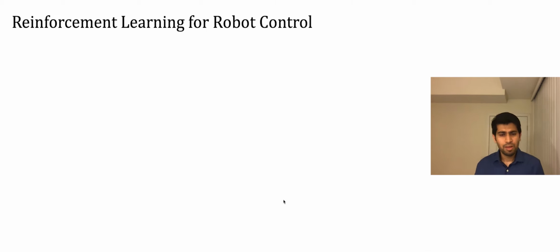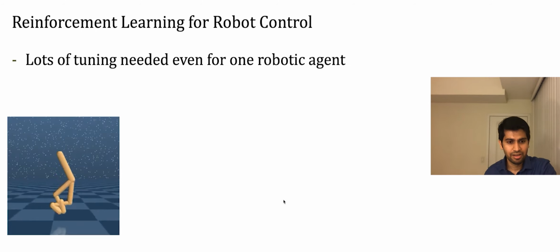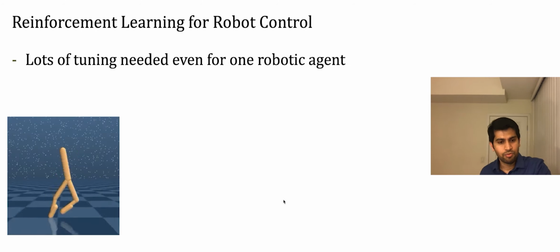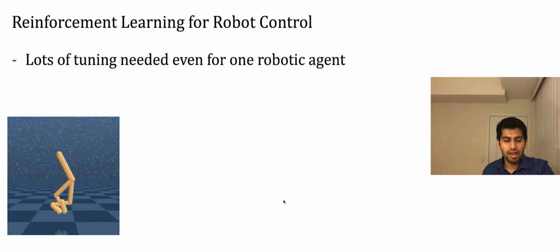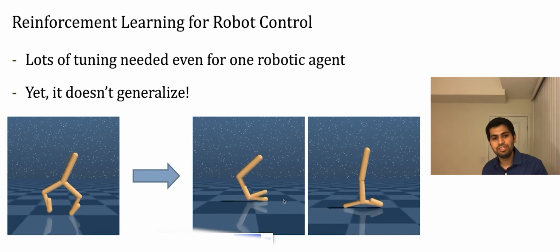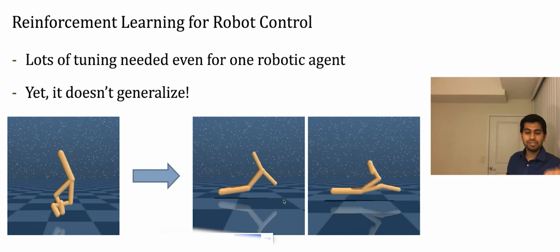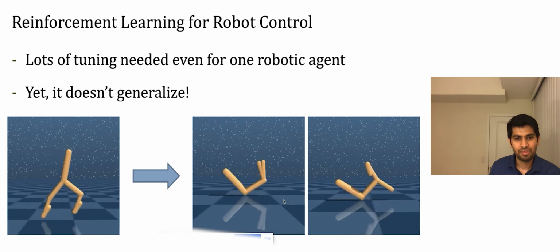There are papers on how hard it is to train RL for robot control, even on one agent at training time. It needs a lot of tuning, a lot of things have to get right. And even if you could train it well, it's really hard to generalize. If I change one limb, one motor in this agent, it just completely fails at test time.